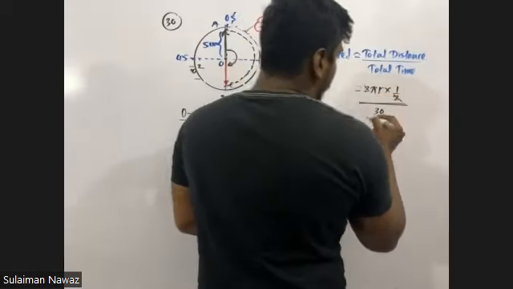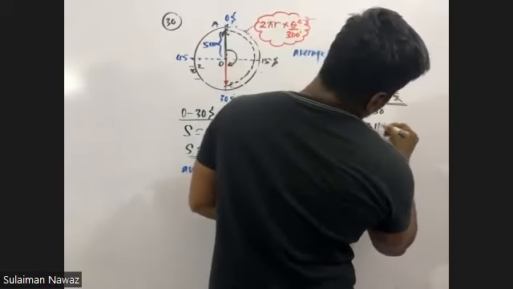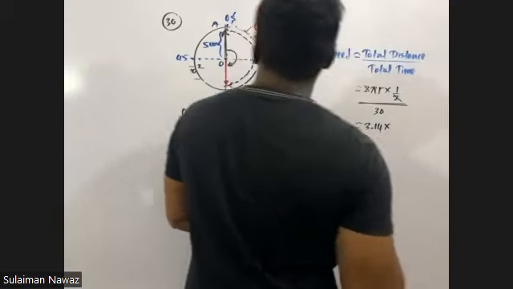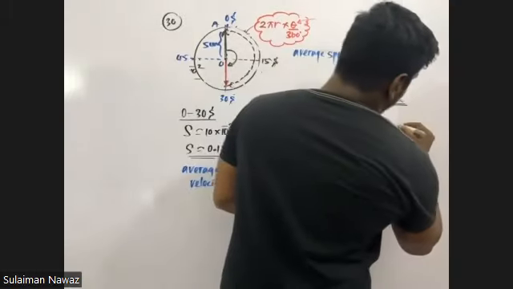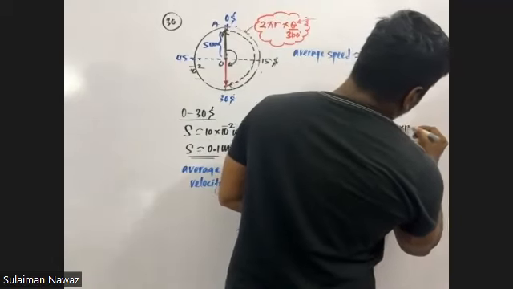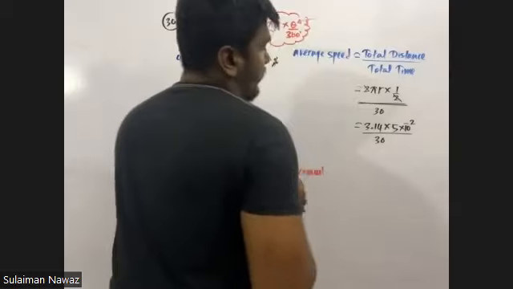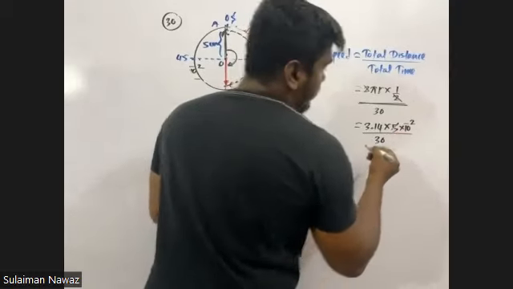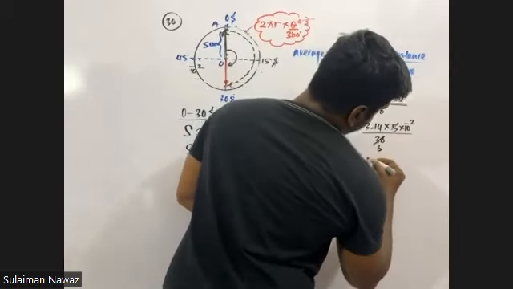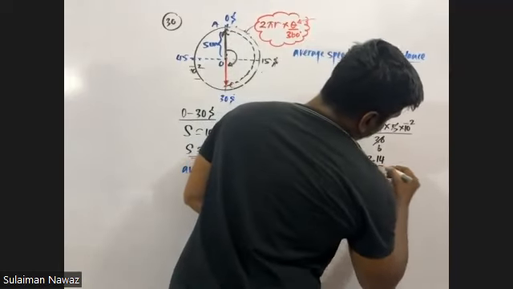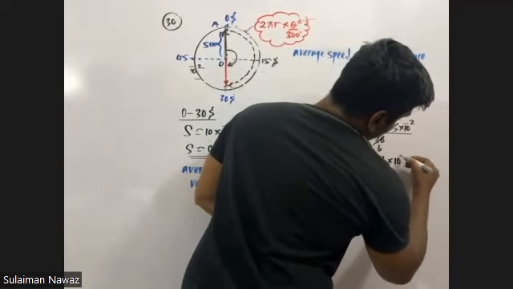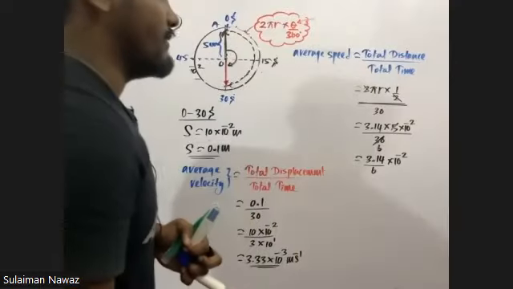2 to cancel out. Pi means 3.14. r means 5 centimeters. If I convert centimeters to meters, 5 into 10 to the power minus 2, over 30 seconds. Now here I can cut 5, then here to be 6. We are getting 3.14 over 6 into 10 to the power minus 2. Average speed.